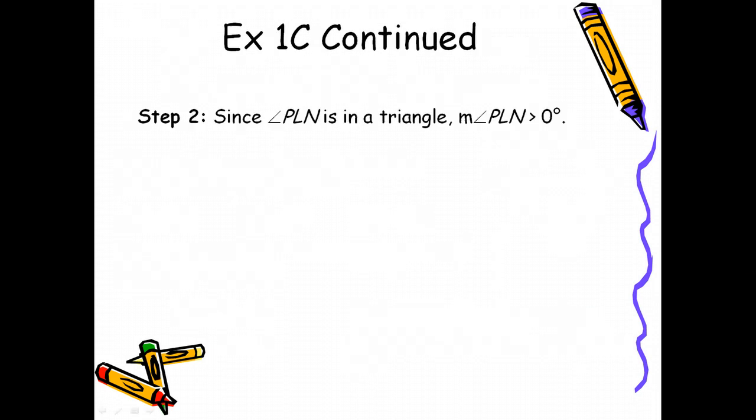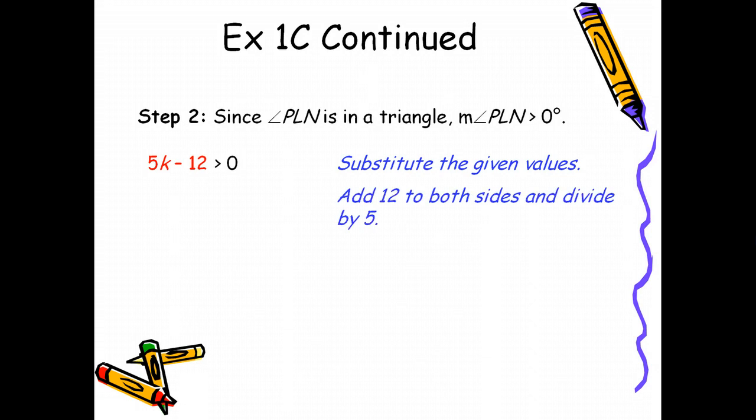So step 2, since PLN is in a triangle, the measure of PLN is greater than 0. This is because of the protractor triangle values. So let's substitute the given values. 5K minus 12 is greater than 0. Add 12 and then divide by 5.